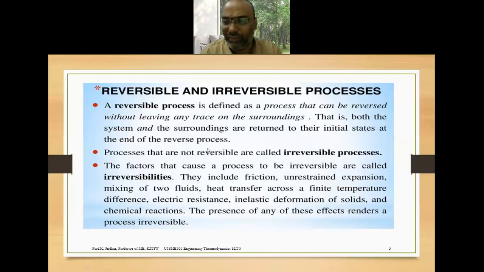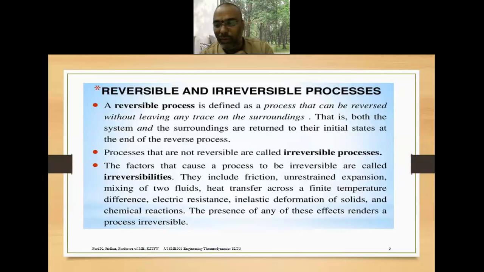In a nutshell, in a reversible process the initial state is restored after completion of the process along the same path. That is the process 1 to 2, and then 2 to 1 is also followed along the same path, coming back to its initial position.